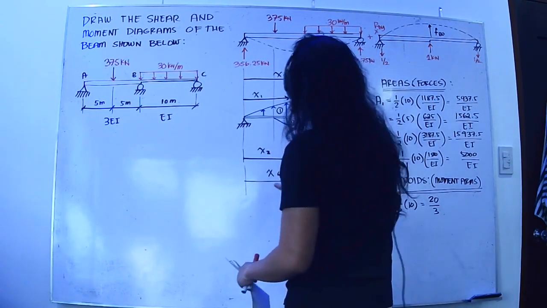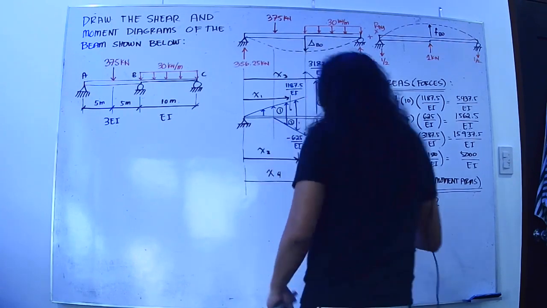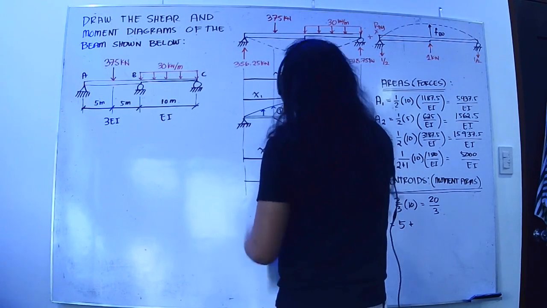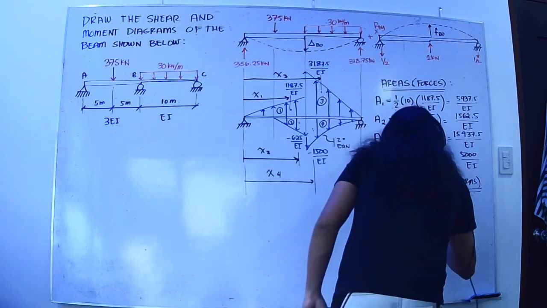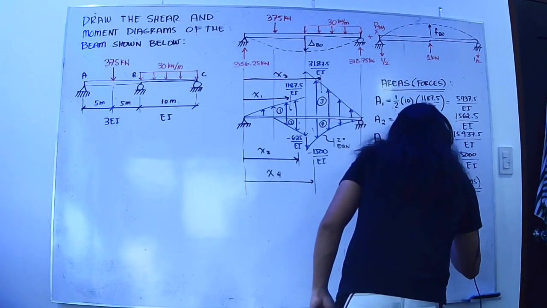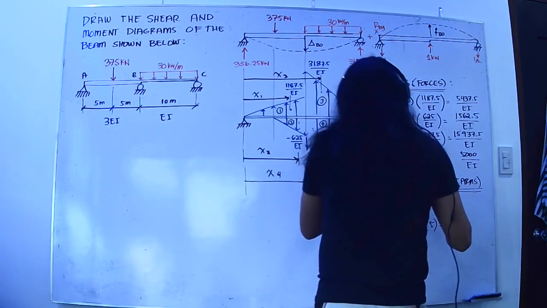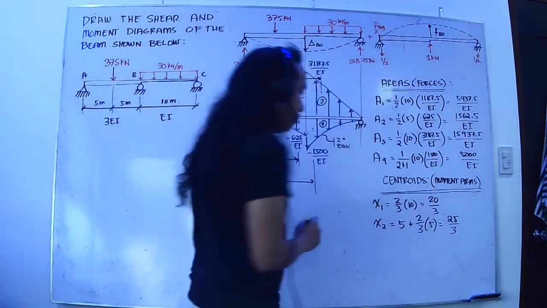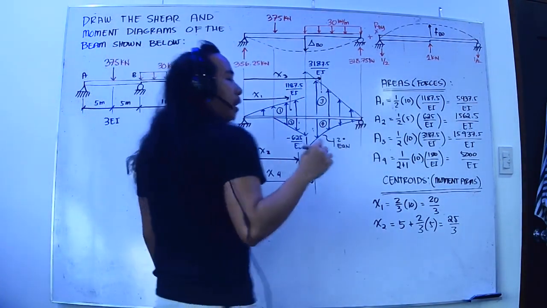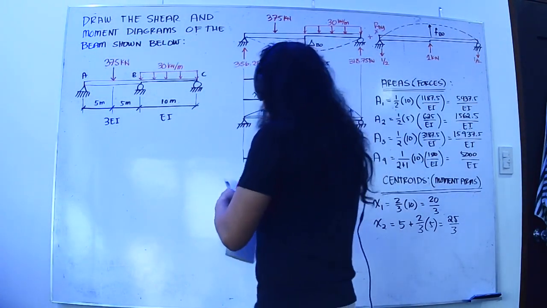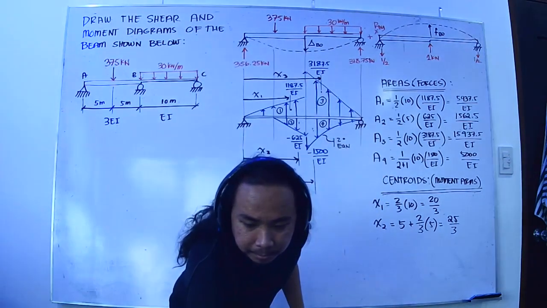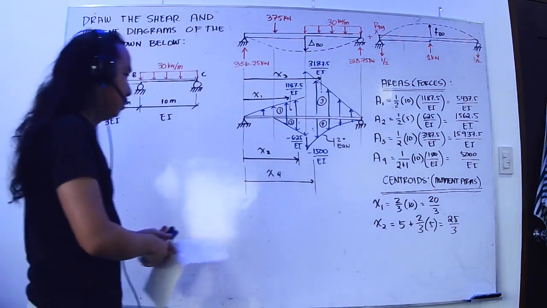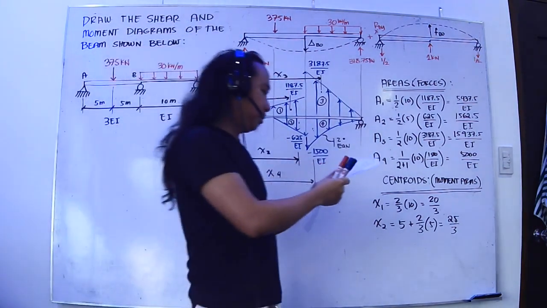x2 is just equal to 5 plus 2/3 of 5, is equal to 25/3. So we have our centroids, x1, x2.